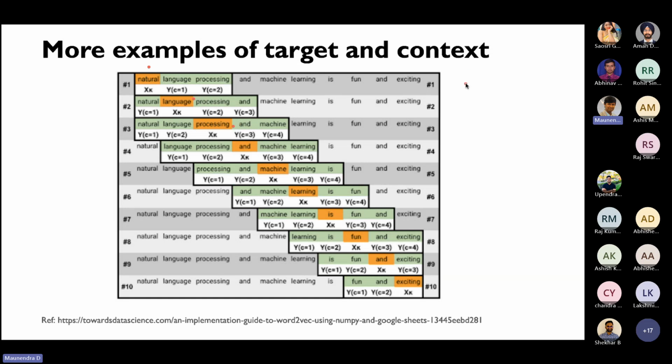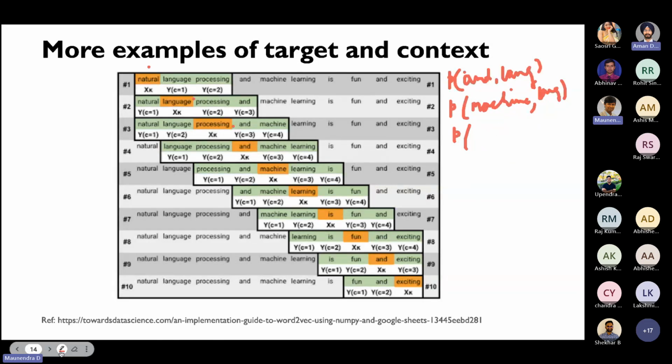Now, according to the objective function here, we would like to predict the probability of and given language. We want to find the probability of machine given language, and similarly the probability for, no, I think here it should be processing, right?